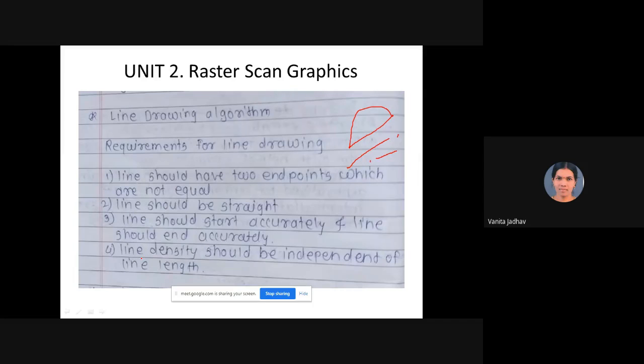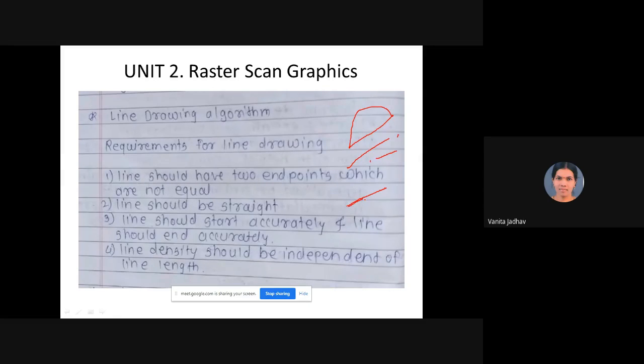The last requirement is that line density should be independent of the line length. For example, if I had drawn a line and made one part somewhat dark and another somewhat faint, this is nothing but the line density, that is, the intensity of the pixel.